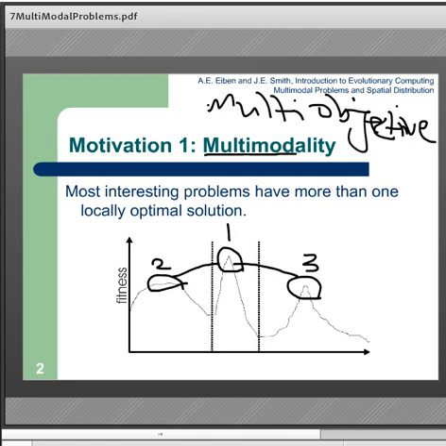Multimodal is a problem that has more than one best solution. But multi-objective is a problem that has more than one fitness.